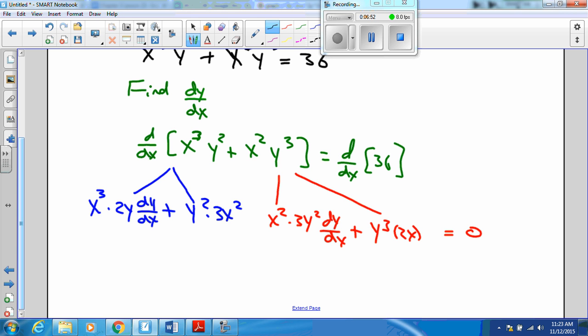If you find yourself with an expression like dy/dx squared, or the sine of dy/dx, or the square root of e to the dy/dx, you've done it wrong. The only way to get the dy/dx here is from the derivative of the inside, and that's by multiplication times the derivative of the inside. So we're going to end up with certain terms here and here that are multiplied by dy/dx, and we will have certain other terms that are not multiplied by dy/dx.